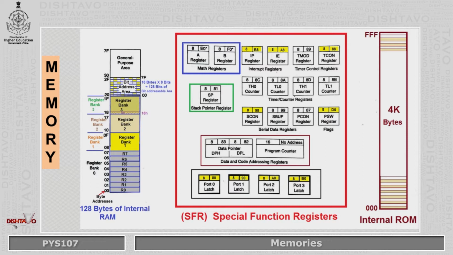The 8051 has internal ROM and RAM memory for these functions and a special memory called Special Function Register, SFR. Additional memory can be added externally using suitable circuits.